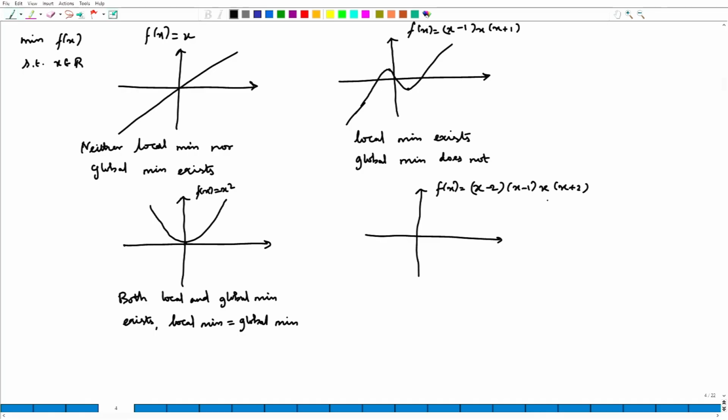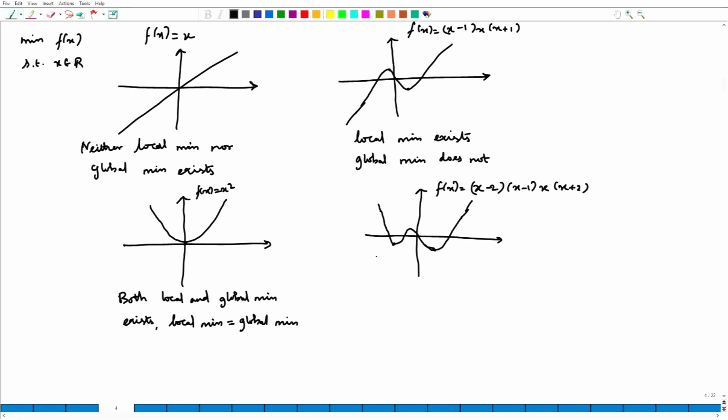Here you have -2, -1, 0 and 2. You can see that there are 2 local minima, of which one of them is the global minimum, but the other is only a local minimum.